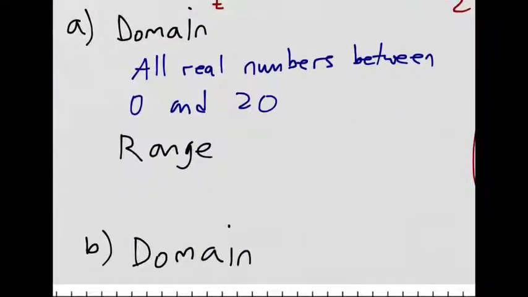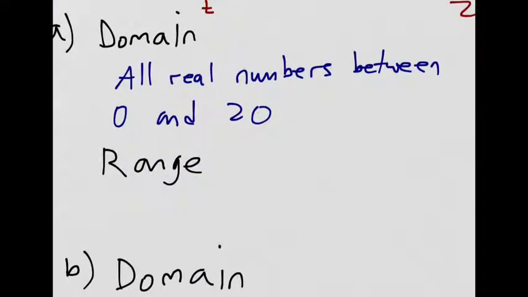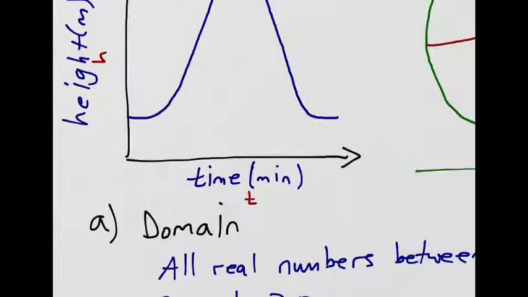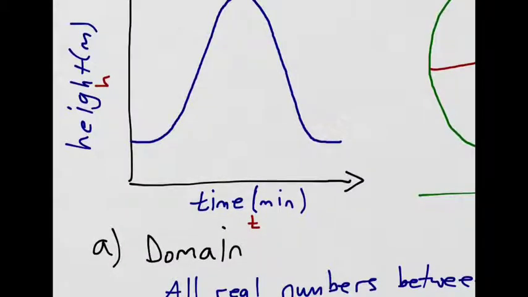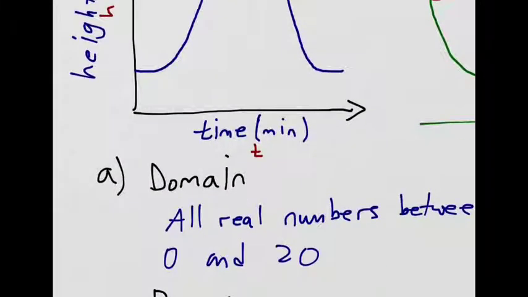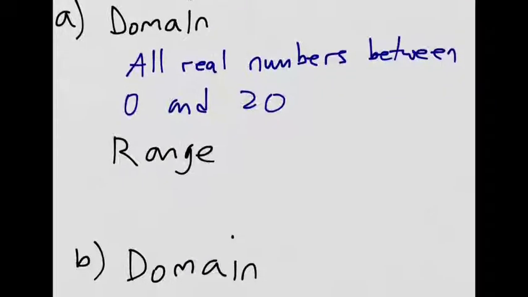Okay? So in this case, can you guess what the range will be? What sentence could we write to represent the range? Well, we know it's a bunch of numbers between 15 and 208. What kinds of numbers? Well, just like we had before, all real numbers.